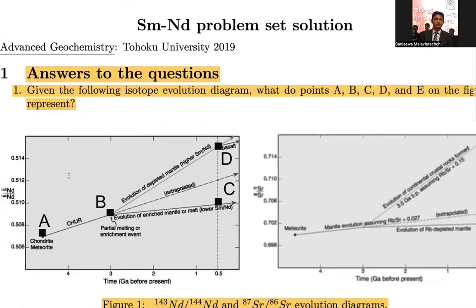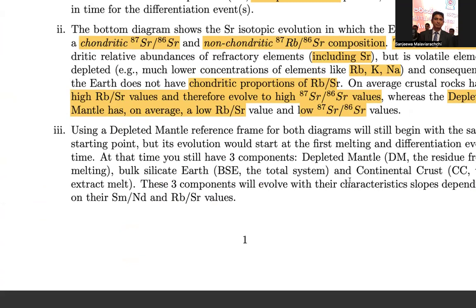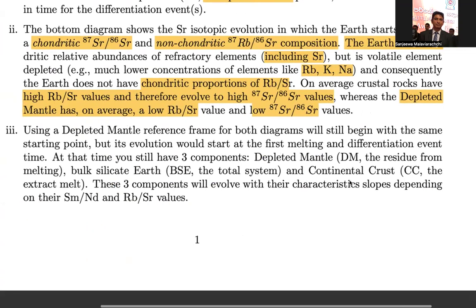Here we consider the CHUR reference frame, right? So if you use a depleted mantle reference frame, for both diagrams, we'll still begin with the same starting point.